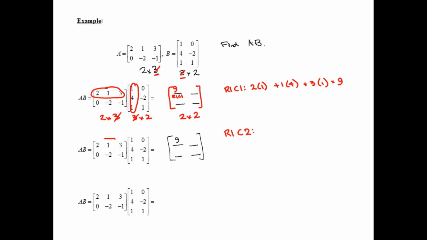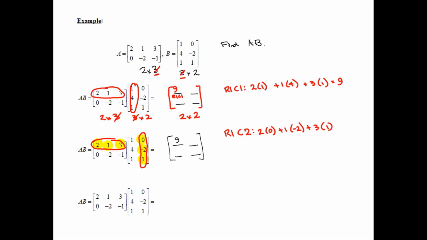And so now what we want to do is let's figure out what is in row 1, column 2. So what I do is I find row 1 in this first matrix, I find column 2 in the second, and I multiply those together the same way that we multiplied a row times a column in the previous example. So here I do 2 times 0, and then we're going to do 1 times negative 2, and then we're going to do 3 times the 1 right here.